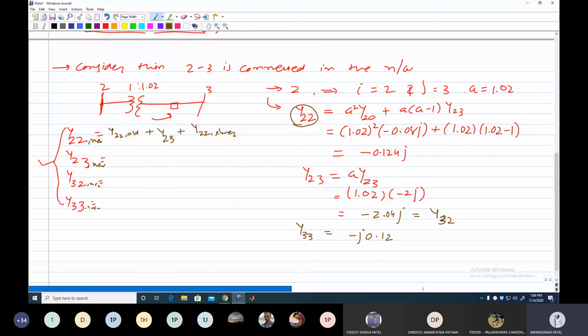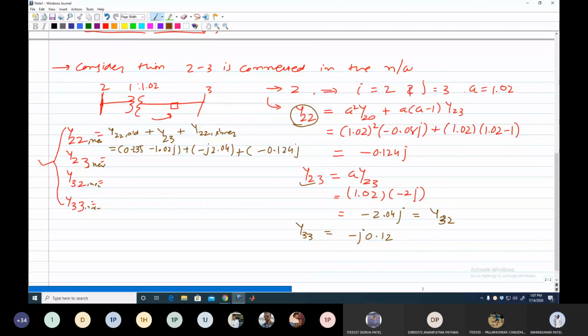It is 0.235 minus 1.02j plus y23, which is minus j 2.04, plus this y22 with transformer, which is minus 0.124 j.